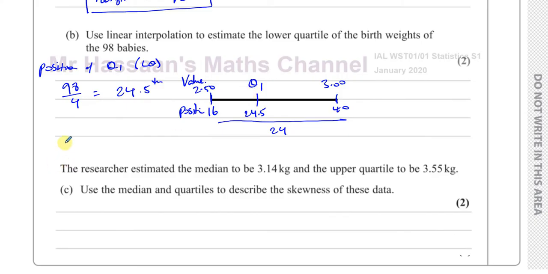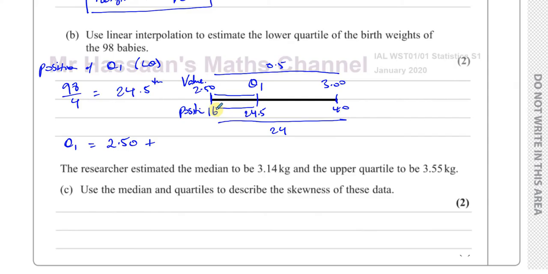I know that Q1 is equal to 2.5 plus something, since I know it's more than 2.5. Now I need to work out what this distance is in terms of the value. I know the fraction that this makes with that width, 0.5, is equal to the same fraction that position 24.5 makes along this group.